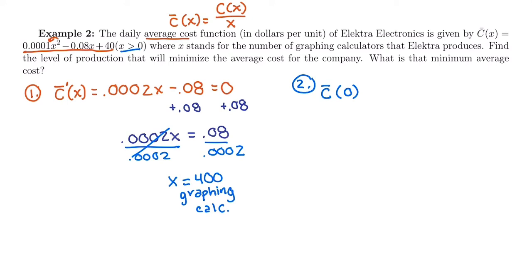Maybe it's kind of open-ended. They could hire more employees as needed or have longer shifts, maybe have a first and second shift staffed. They don't have an upper bound for the number of graphing calculators they could possibly make in a day for this daily average cost. So we have no upper endpoint.